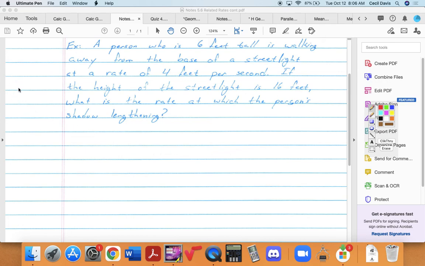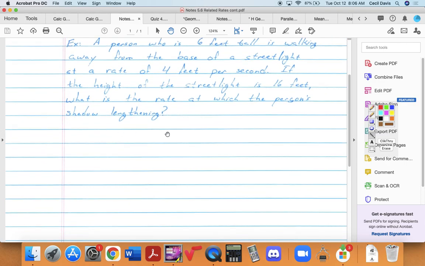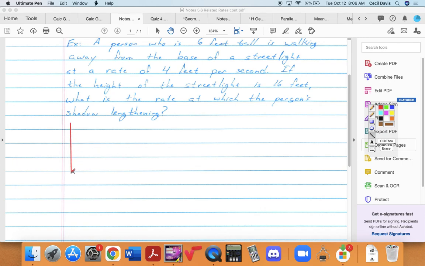All right, so I'm going to go ahead and draw it down here. I don't think I'm going to need a ton of room. So I've got a street light, and it doesn't matter which side you put it on. So that's going to be my street light. And then I've got my 6-foot tall person.